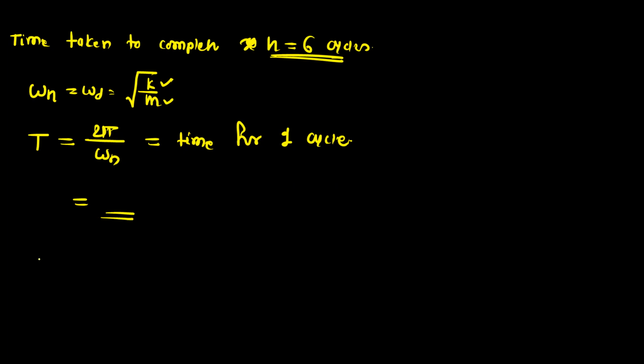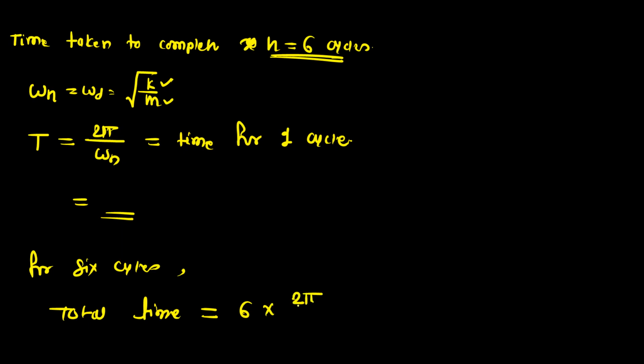And then for 6 cycles, total time is equal to 6 into 2 pi upon omega n. So this is 6 into 2 pi upon the omega n value. So k is 500 and this is 50 kg mass.